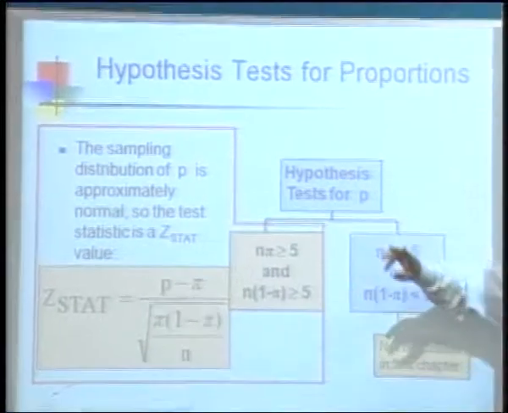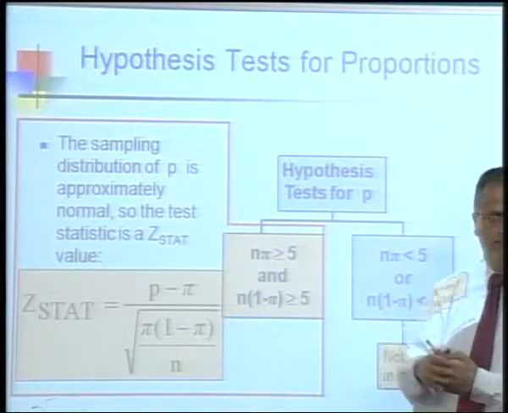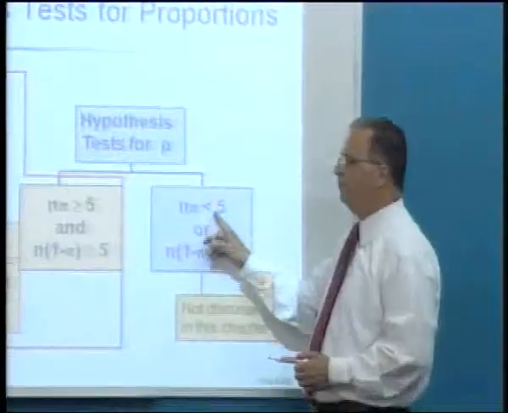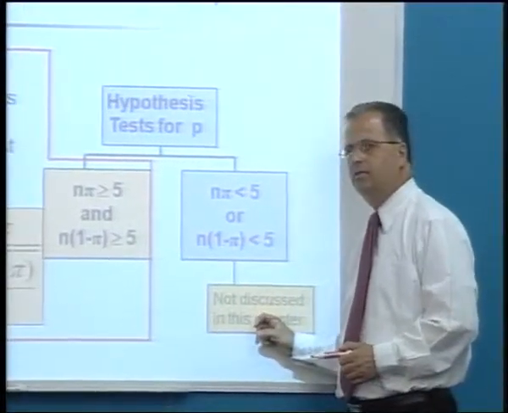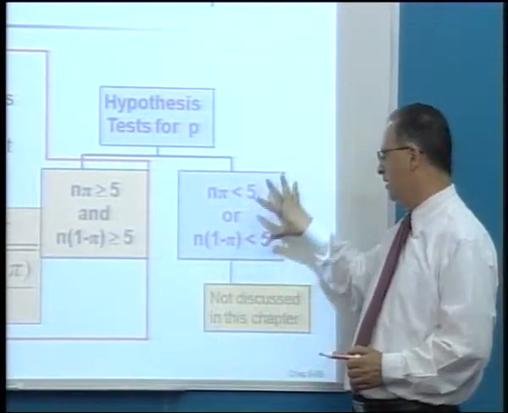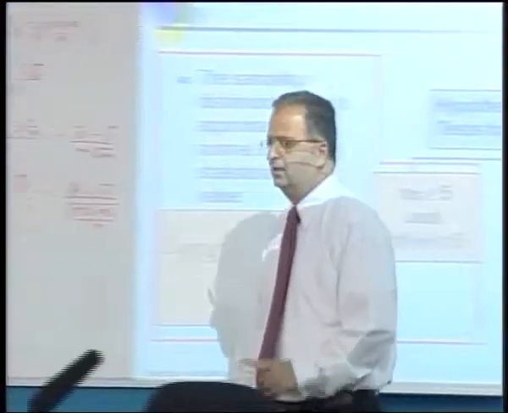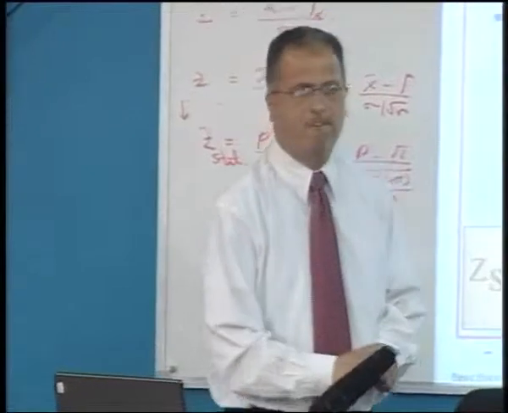So there are two cases. If the two conditions are satisfied together, then we use the Z statistic. Otherwise, if one of the conditions is not satisfied, then we cannot use the Z statistic. This case is not discussed in this chapter. So that's all for testing about proportion.